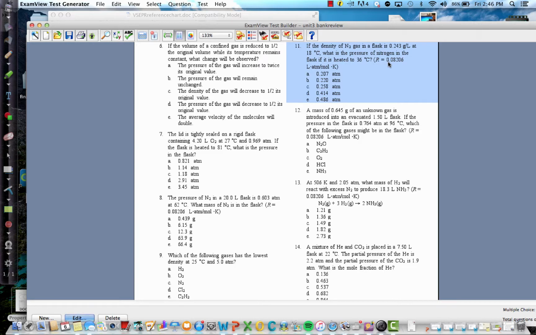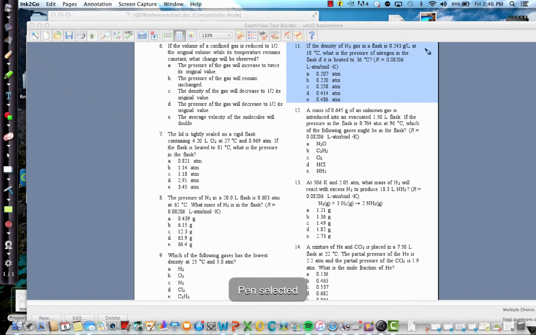All right, so we have a temperature that is changing here. We have a density, and we're looking for a pressure. So it actually looks like it's going to end up being ideal gas law combined with combined gas law. So let's pull out the information first. Okay, I know that density is equal to 0.243 grams per liter.